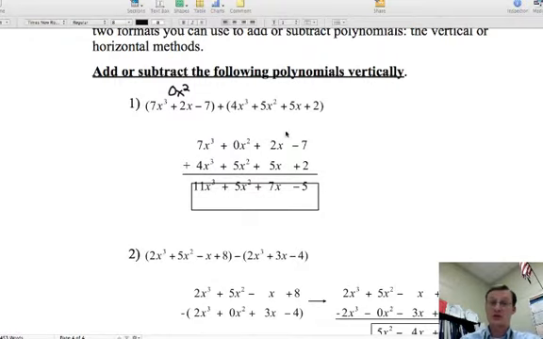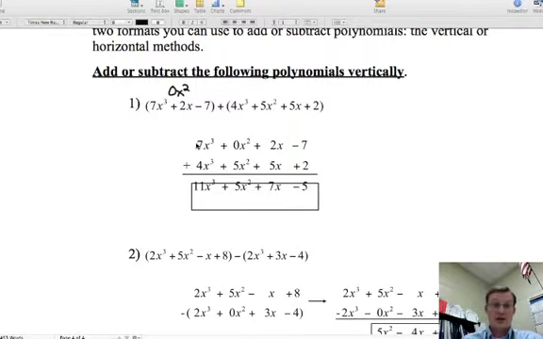The common mistake that students will make here is that you will not realize that there's a 0x squared. It's just like when you add 704 and 316. Some students will mistakenly say, oh, the 0 doesn't matter, so 704 is the same thing as 74. And when you actually add that, you'll notice, no, that's not the same thing. So that placeholder, that 0, is very important.